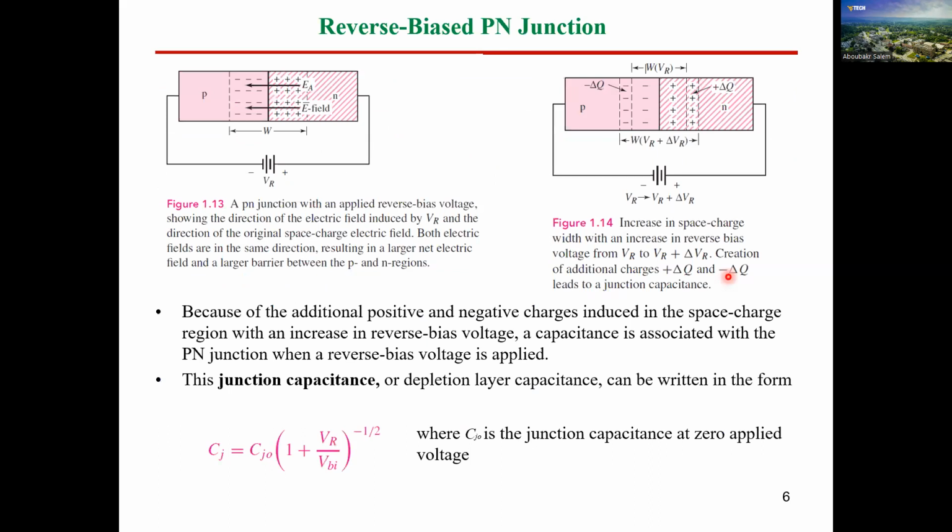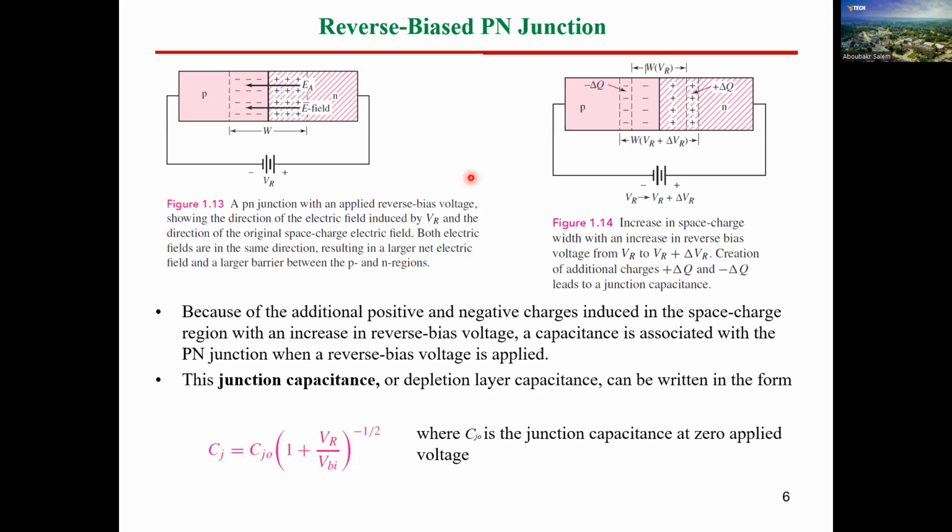Now, let's go deeper in order to understand the concept of a PN junction. If you have a PN junction, later on, guys, we will replace the PN junction by just a diode, because the diode is nothing but a PN junction. Let's see what will happen if we connect the PN junction in different ways.